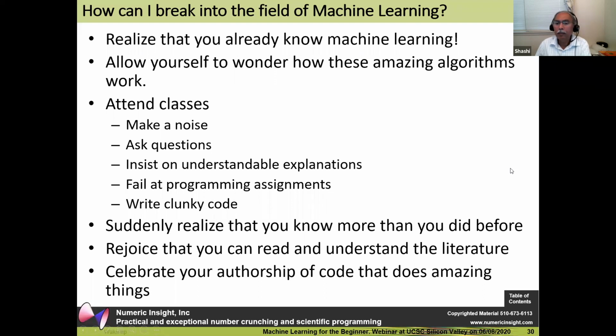How could machine learning be used in drug design? I could talk a lot about this topic, but to answer any question along these lines, how is machine learning used in X, whatever that X may be, you just make Google your friend. And actually, I can tell you one thing.